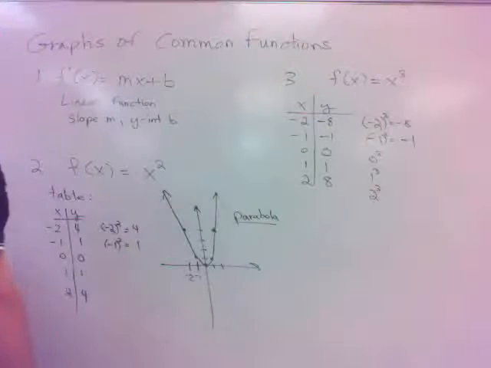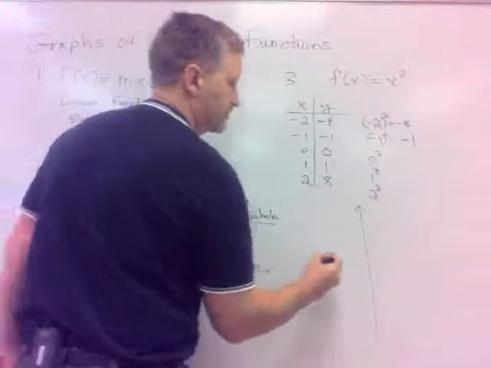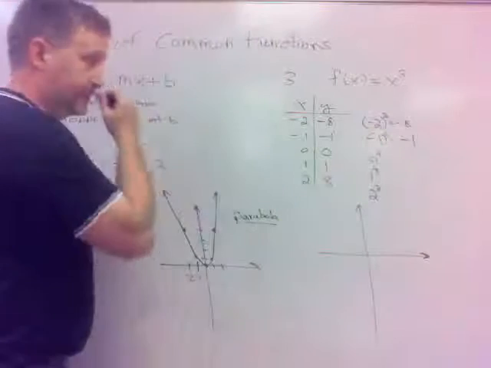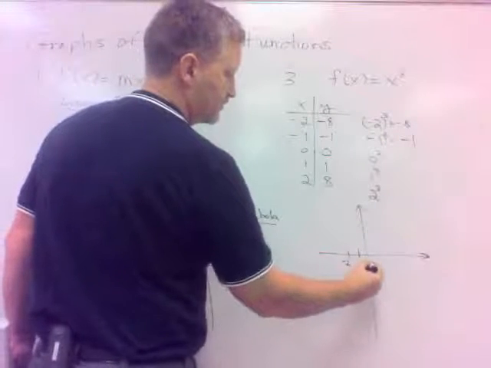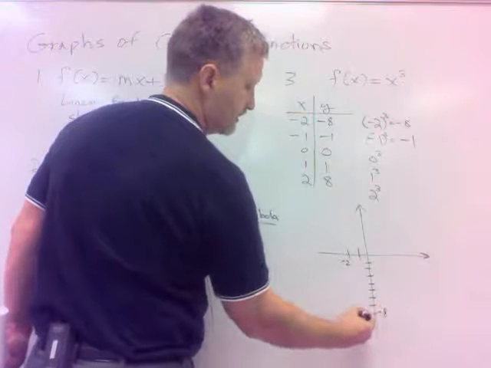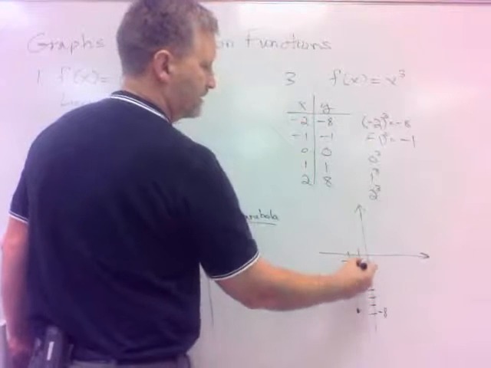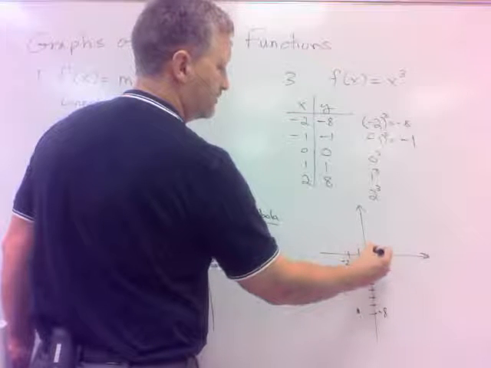Okay, so that graph winds up looking a little different, isn't it? At -2, you got -8. That's down here. At -1, you got -1. At 0, you got 0. At 1, you got 1.